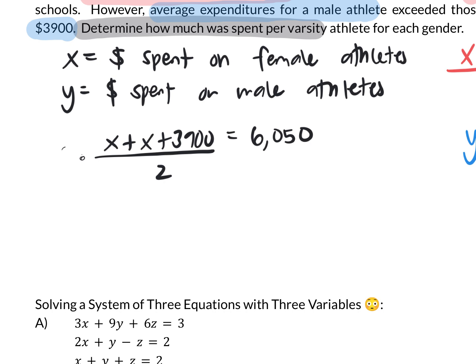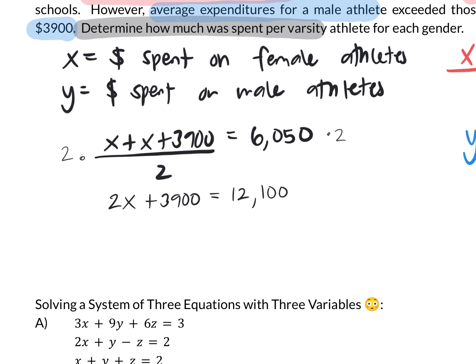Multiply it. And when I multiply by 2, we end up with 2x plus 3,900 is equal to 12,100. Nice little 2-step equation here.